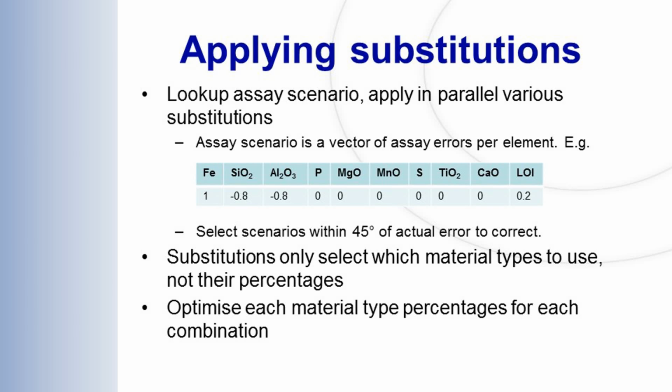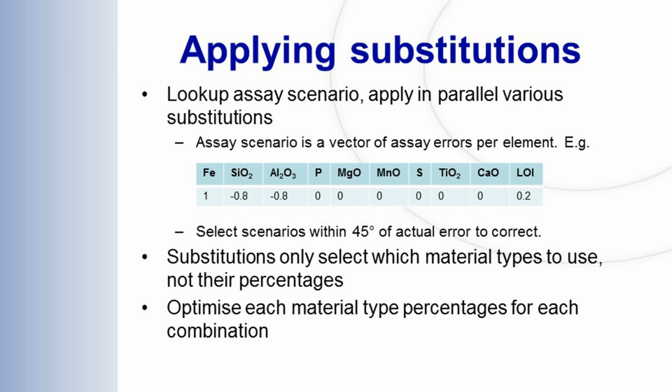So we took that error, and at each step, when someone made an exchange of material types, we created a normalised vector: we got the difference in the assays, divided it by the maximum value, so we had a vector with the maximum value of 1, and then we associated this vector with a material type that was added and a material type that was removed at this point. And so we built up this large database of rules.